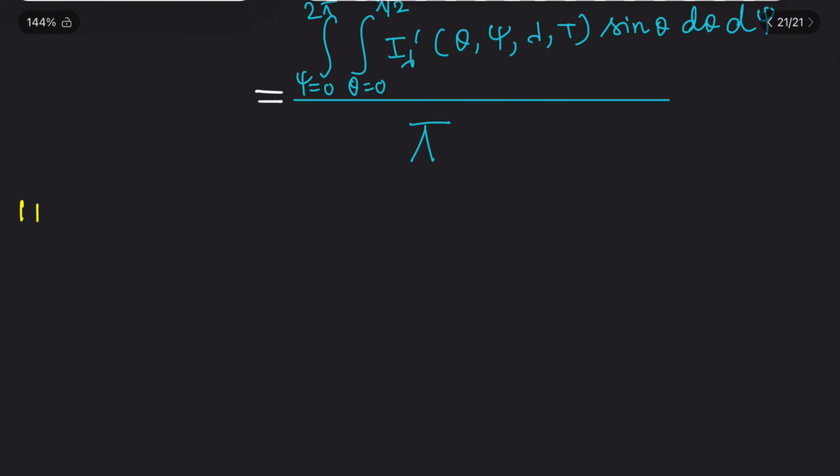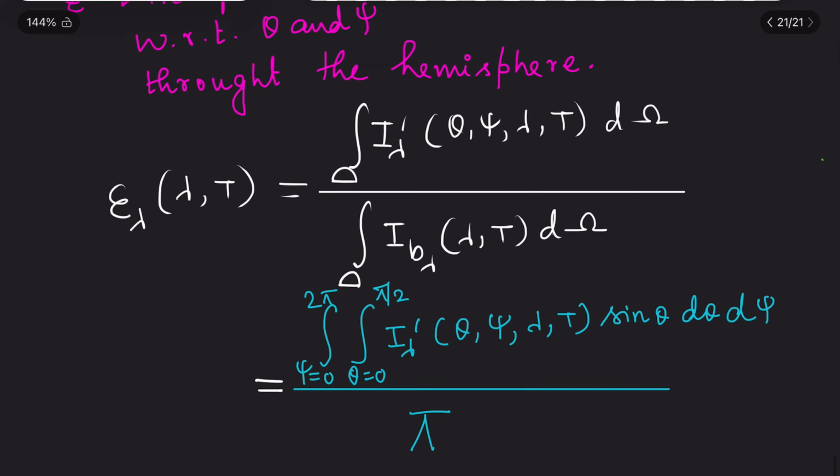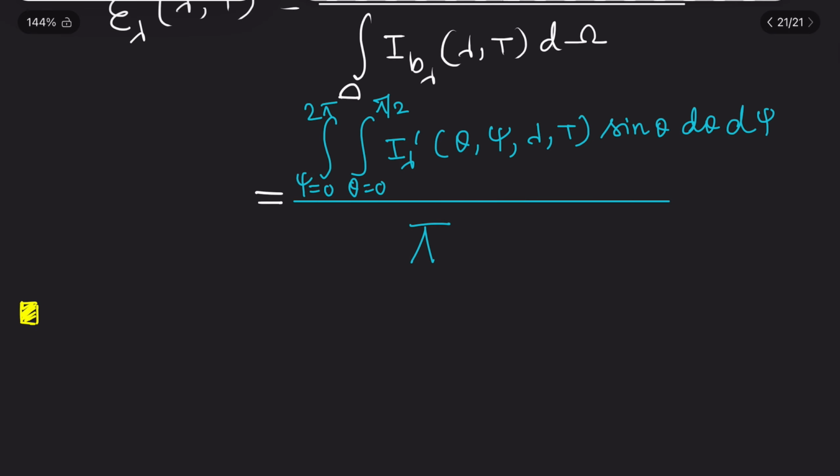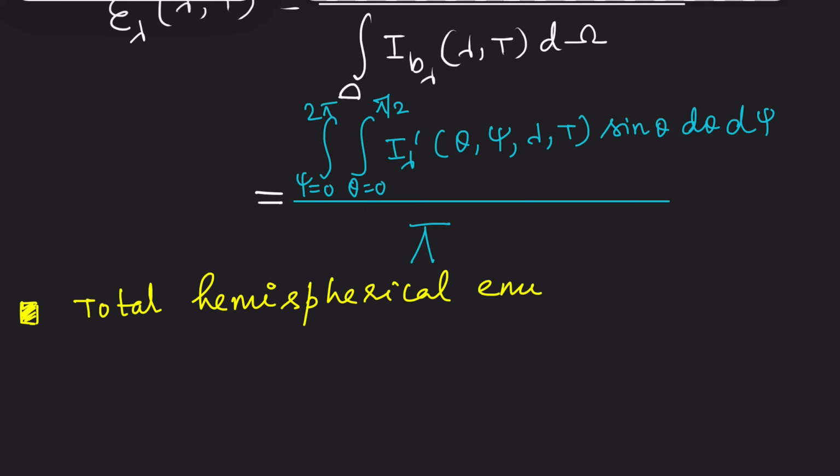Now the final thing comes. We have integrated with respect to wavelength, we have integrated with respect to direction. Now we will integrate with respect to both simultaneously. So it is called total hemispherical emissivity.